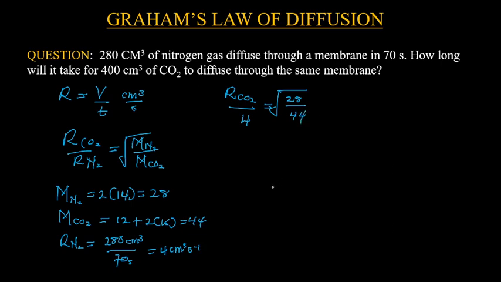This is going to be equal to the rate of diffusion of carbon dioxide over 4, and when we punch this, we have 0.8. So the rate of diffusion of CO2 equals 0.8 times 4, because multiplying through by 4 cancels the 4 here. When we multiply that, we have 3.2 cm cube per second.